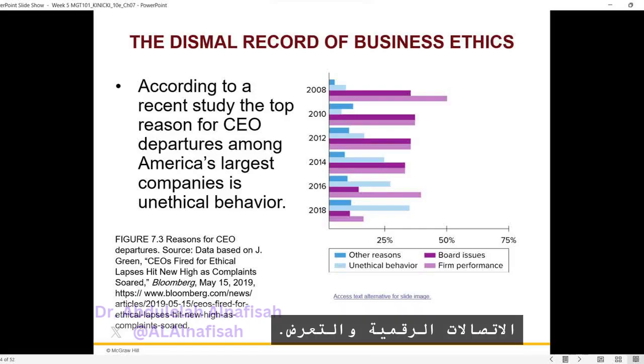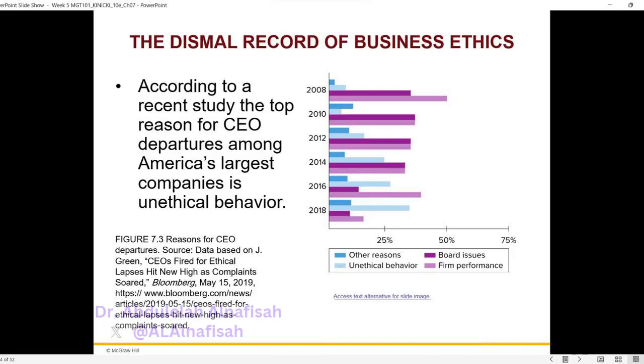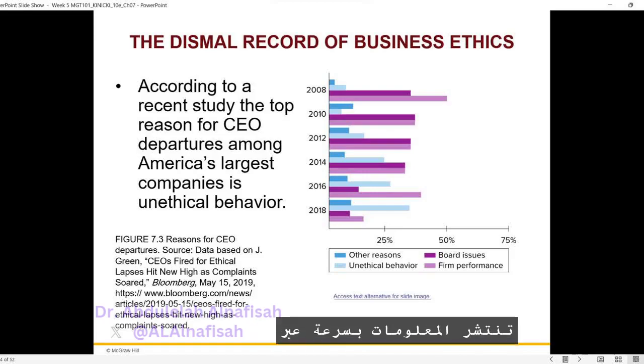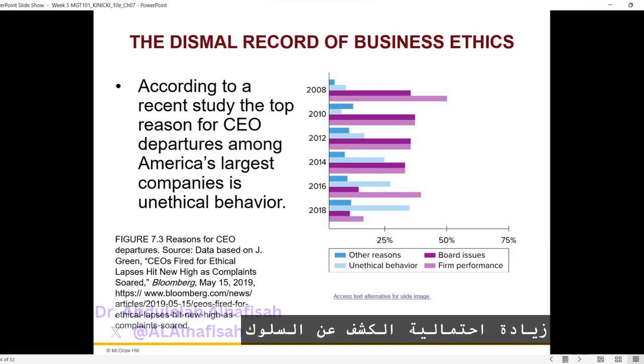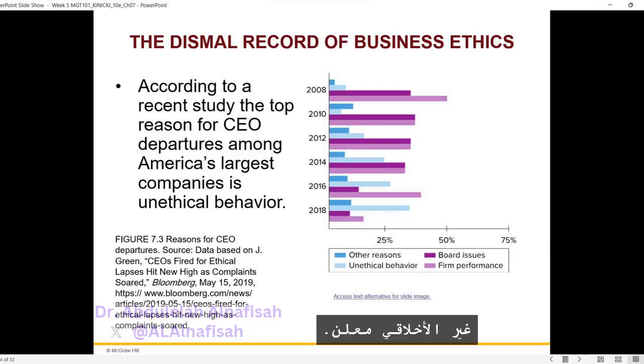Digital communications and exposure. With the rise of digital communications, companies are more exposed to risks from hackers and whistleblowers. Information spreads quickly through various communication channels, increasing the likelihood of unethical behavior being uncovered and publicized.